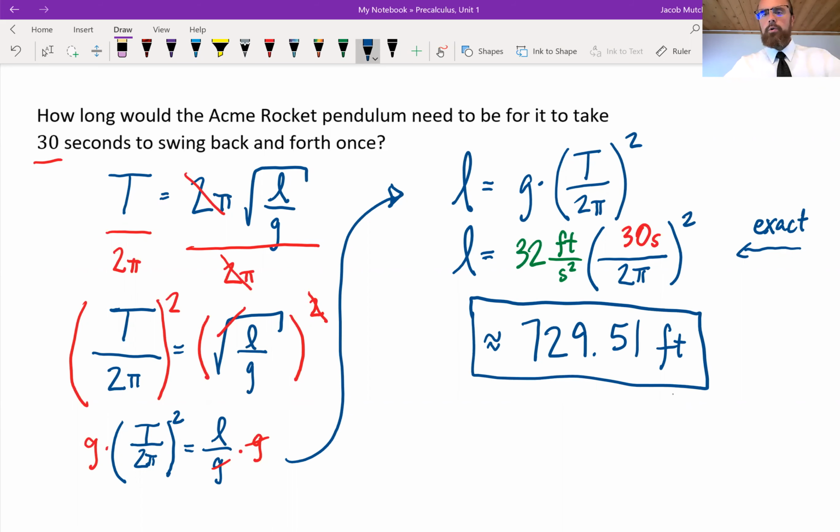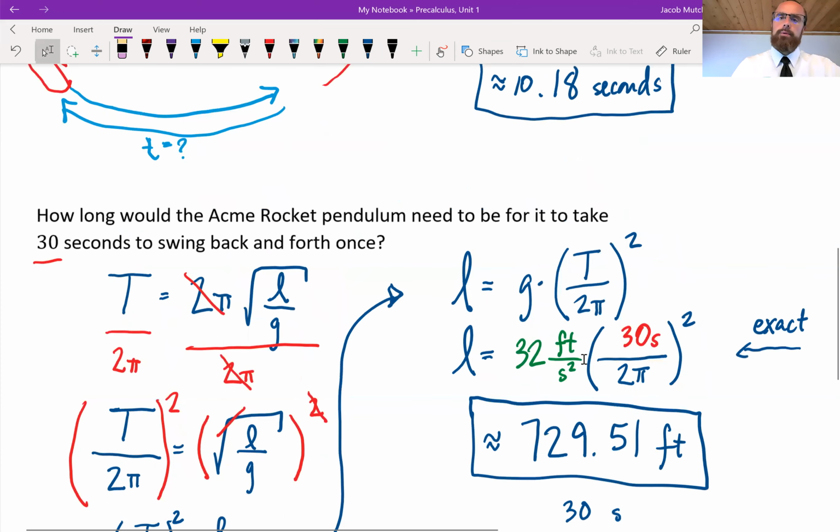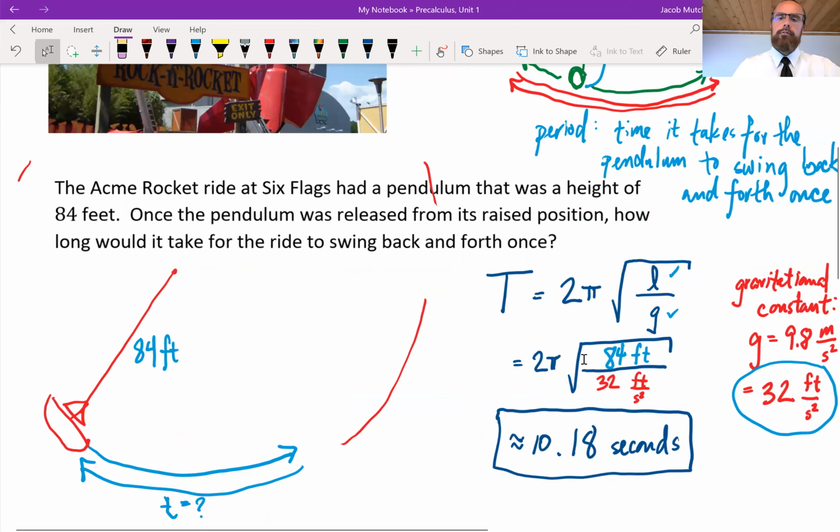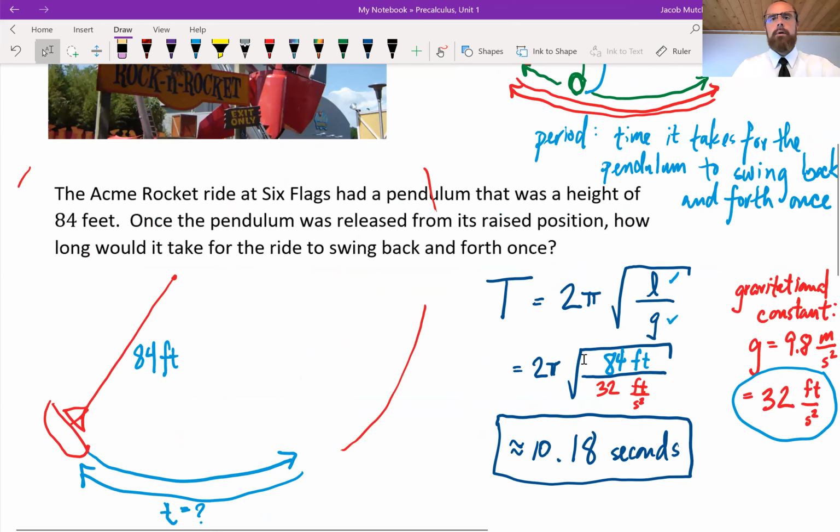So a good question to ask is how that compares to our first values. So here, for a period of 30 seconds, our pendulum had to be over 700 feet long. So in our first example, it was about 10 seconds for 84 feet. So the time increased by about 3-fold.